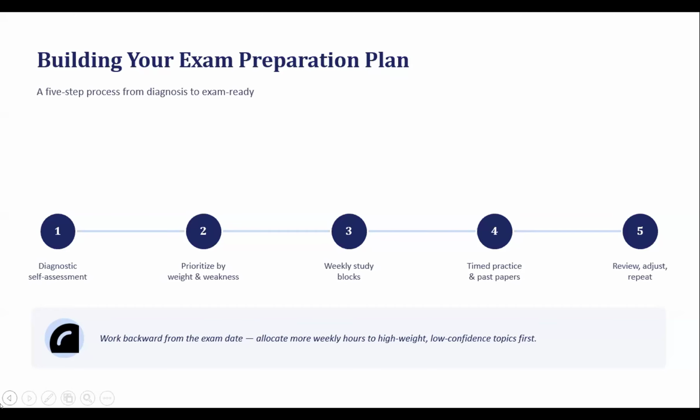We have talked about prioritizing areas or topics by weight. And then weekly studies. This is basically about how you can manage your time. Timed practice and past paper. Timed practice means you time yourself when you are testing yourself.